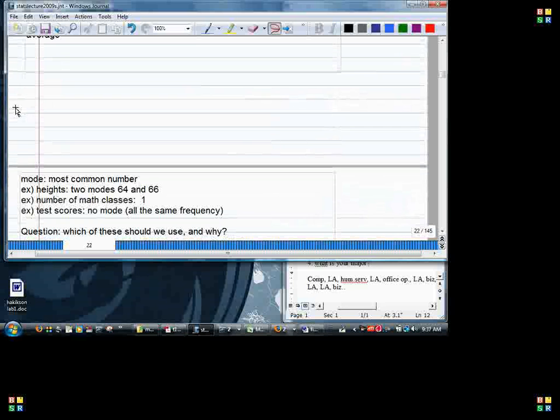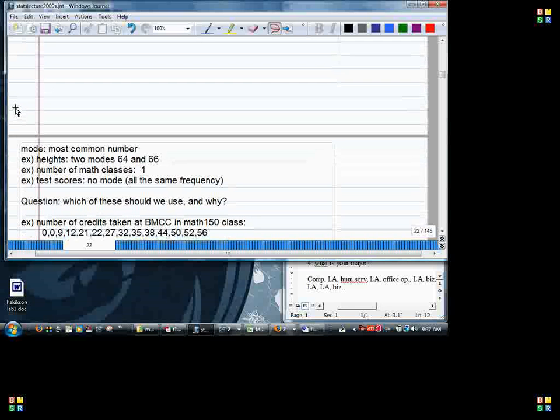Okay, so here are the 3 measures of central tendency. The question is, which of these should we use and why? You use them all. It depends. Exactly. Well, let's take a look. I did this survey one time, number of credits taken.